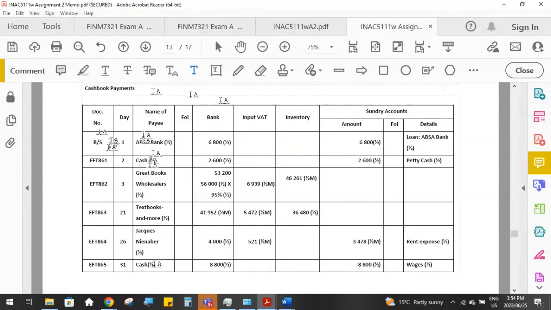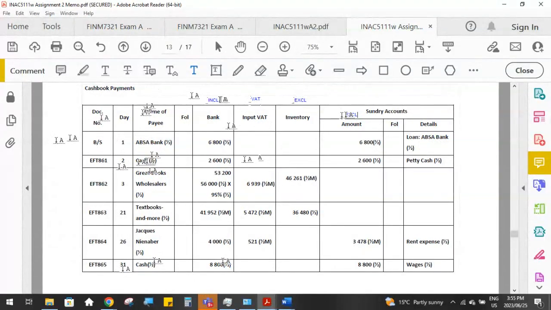Okay. Then under the main column, which is bank, which remember, this will always be the including VAT amount. Put the including VAT amount. Then the VAT itself goes under the next column, and then your inventory and your amount under the sundry accounts will always be the excluding VAT amounts.